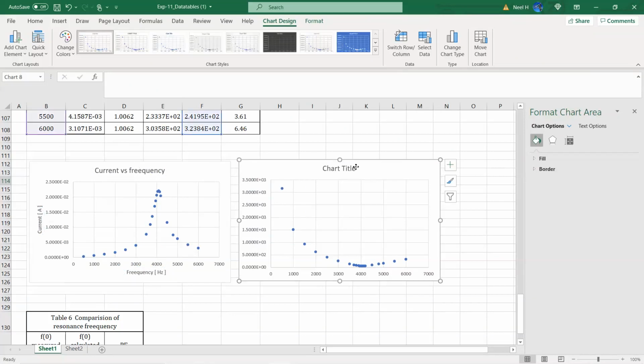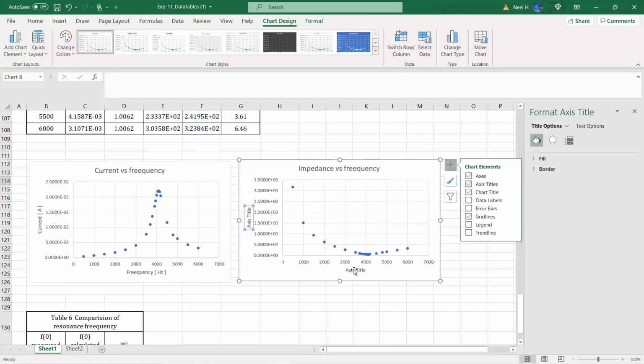And the other graph, we're drawing impedance versus frequency. In this case, for the axis titles, the x-axis is still frequency, unit hertz, and the y-axis in this case is impedance, okay?